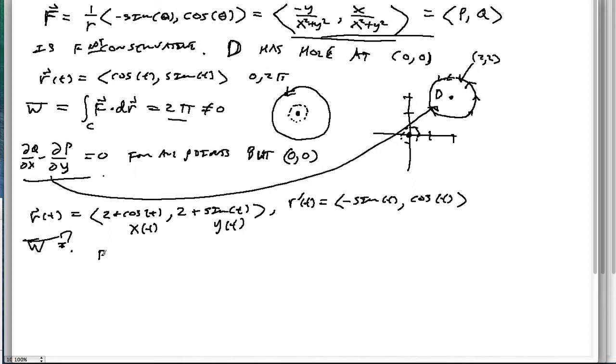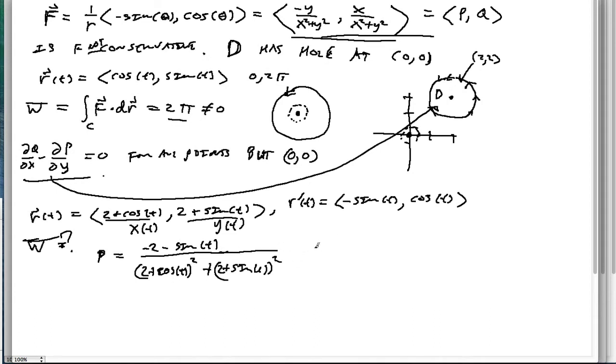So let's look at P. P is going to be equal to negative y, so that'll be a negative 2 minus sine t over, and now we have to take both of these squared, so that becomes 2 plus cosine t quantity squared plus 2 plus sine t quantity squared.